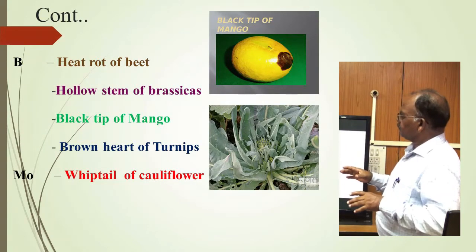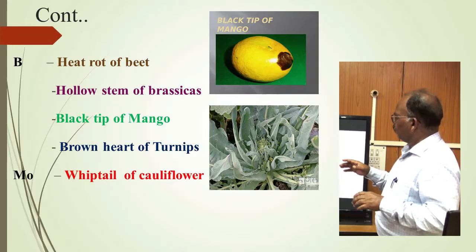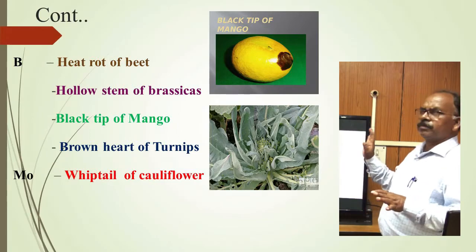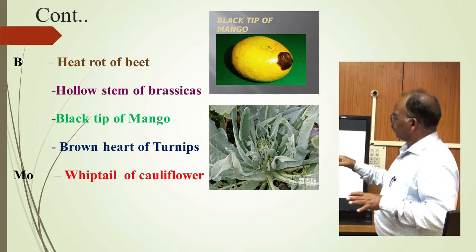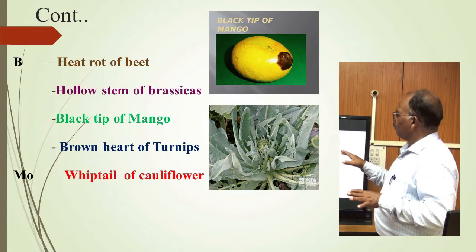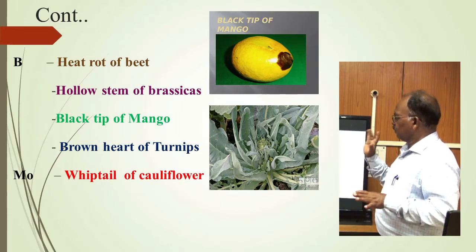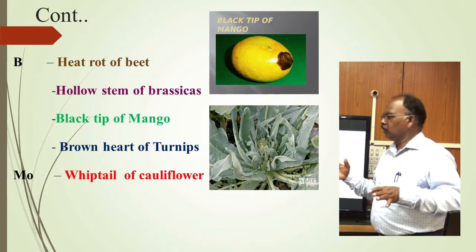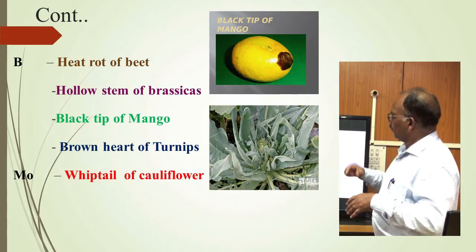Due to boron deficiency, heart rot of beet, hollow stem of brassicas, black tip of mango and brown heart of turnips. All these are due to boron deficiency. Among these diseases, black tip of mango is the most important. Black tip of mango is also called mango necrosis or coily disease.